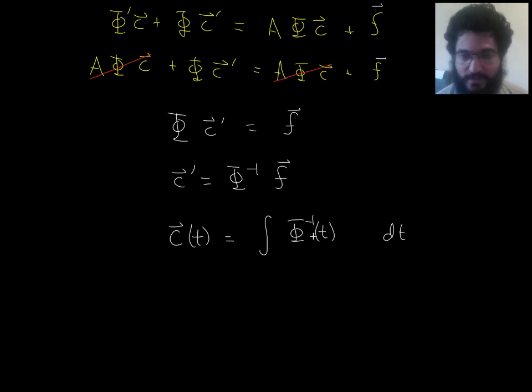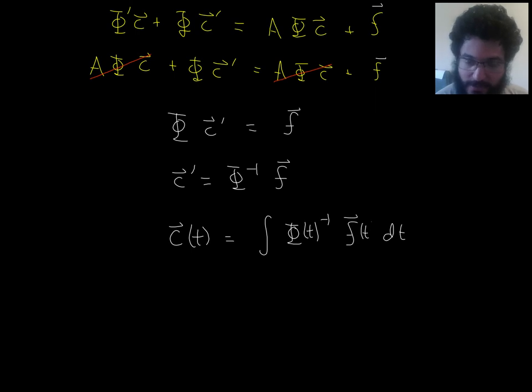So the inverse of phi as a matrix depends on time. Actually, the inverse symbol was in a terrible spot there. It's the matrix phi of t, and then take the inverse of that matrix. That's really what I should say. And then apply that matrix that you get when you do that to f, which by the way is also a function of t. Okay, so there's our C of t.